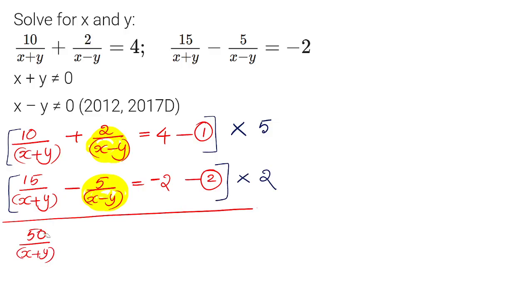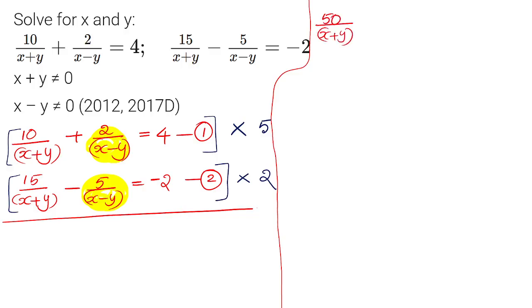Let me write here on the right side. 5 into 10 will be 50 by x plus y, plus 5 into 2 will be 10 by x minus y, equal to 5 into 4, which will be 20. Equation number 1.